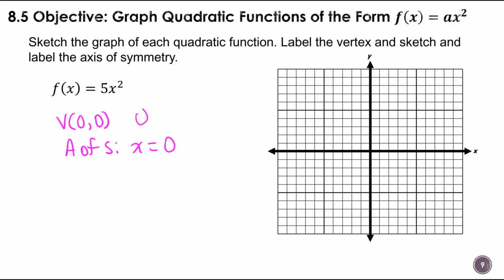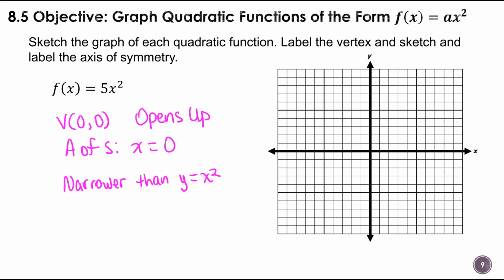It opens up, and it's going to be narrower than our parent graph, y equals x squared, right? It's going to be more narrow than that because we're basically multiplying whatever we get for x squared by 5. So that makes for a pretty skinny graph.